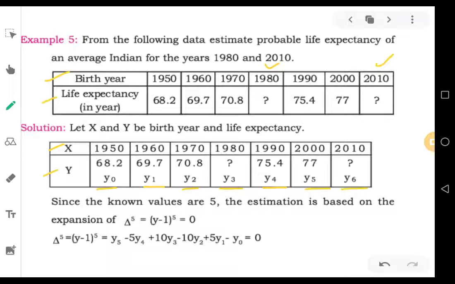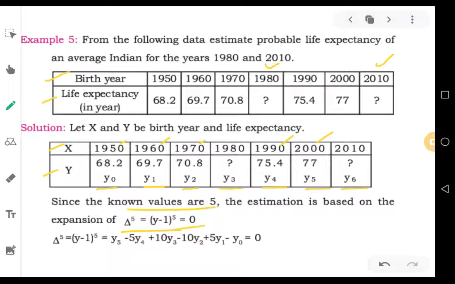Once you assign the y numbers, count the number of known values. That is 1, 2, 3, 4, 5. For 5 years, we know the values of y. Therefore, known values are 5, which means we have to take the fifth leading differences. We assume the fifth leading difference is equal to 0. That means delta 5 is equal to (y minus 1) to the power of 5 is equal to 0.